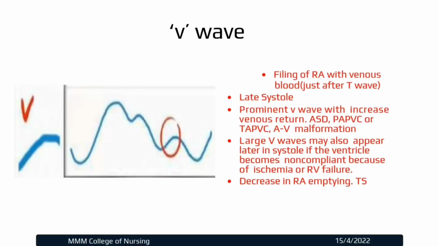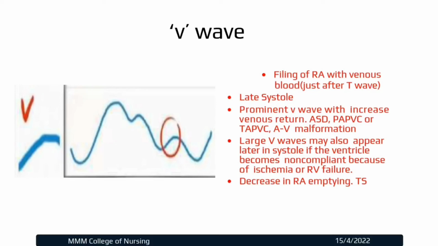Next we move on to the V wave. It is the filling of the right atrium with venous blood just after the T wave. It means late systole, and a prominent V wave occurs with increased venous return.